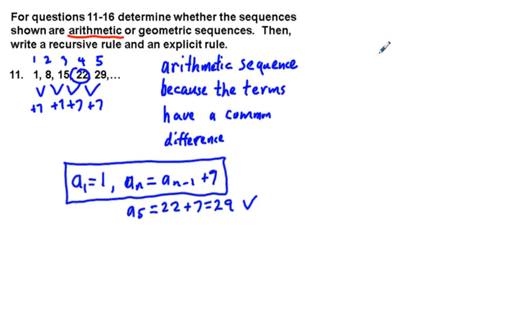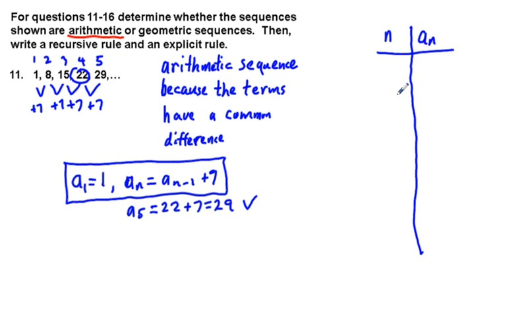Now for the explicit rule, I'm going to write this as a table. We're going to have n, a sub n.